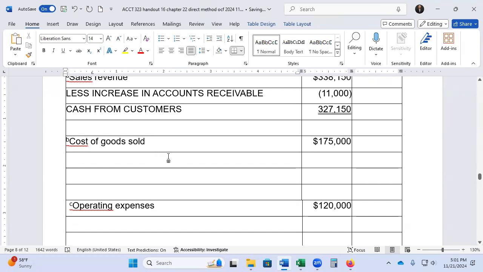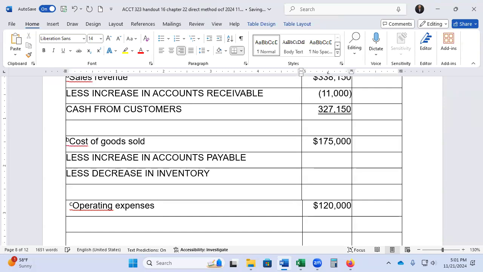Then we have less an increase in accounts payable and less a decrease in inventory. We just look at the two changes in those accounts, and we see that it was 6,000 and 20,000.